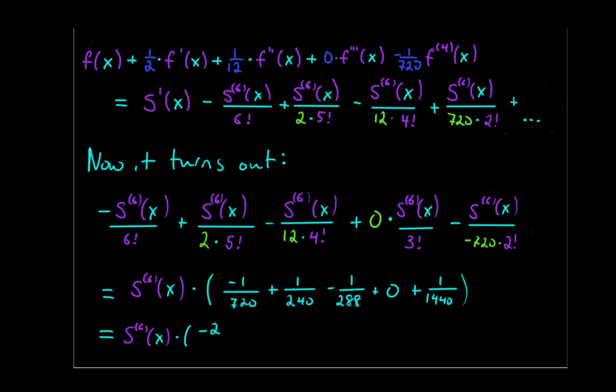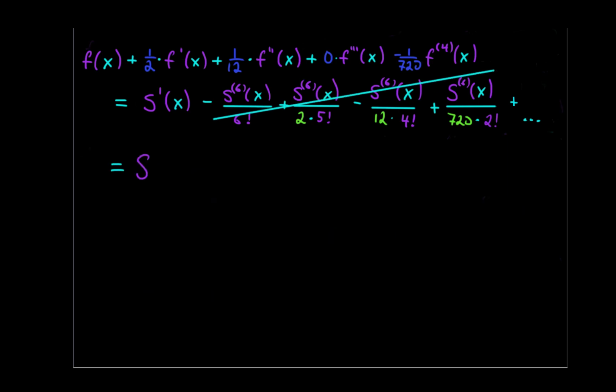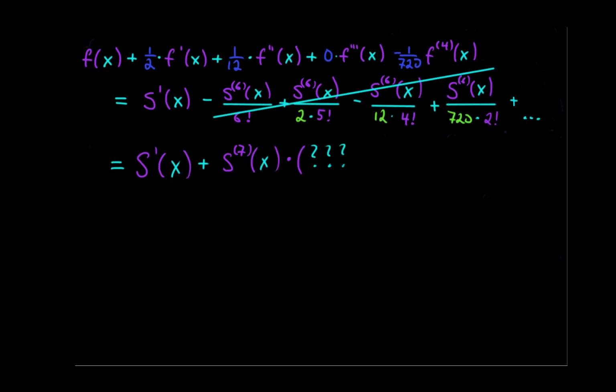So this will equal S6 of x times, open parenthesis, negative 2 over 1,440 plus 6 over 1,440 minus 5 over 1,440 plus 1 over 1,440, and that equals S6 of x times 0. So those S6 terms cancel out, and I'm left with the above expression equaling S prime of x plus S7 of x times some terms that we didn't calculate, plus all the other terms in S8 of x and S9 of x, and so on.